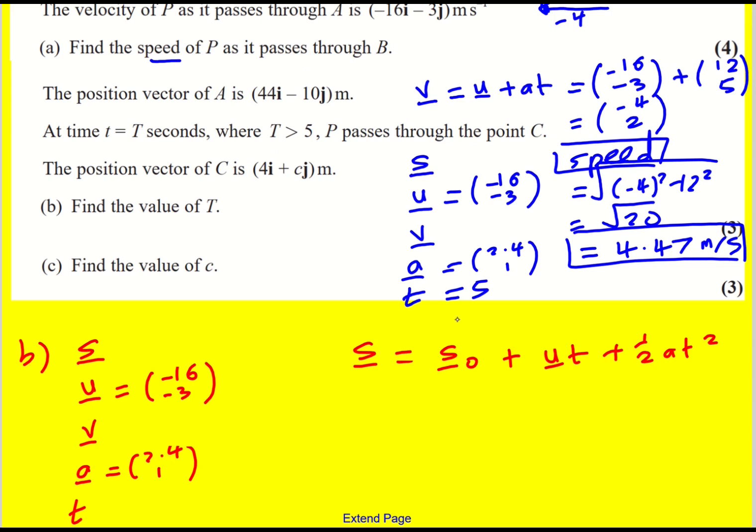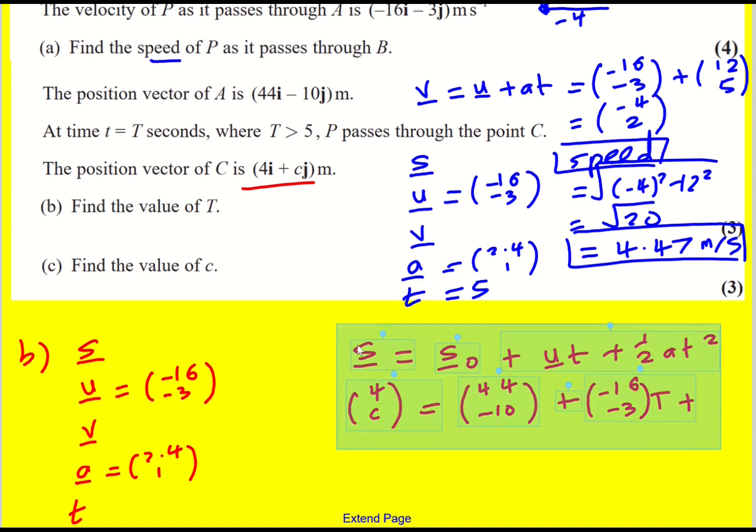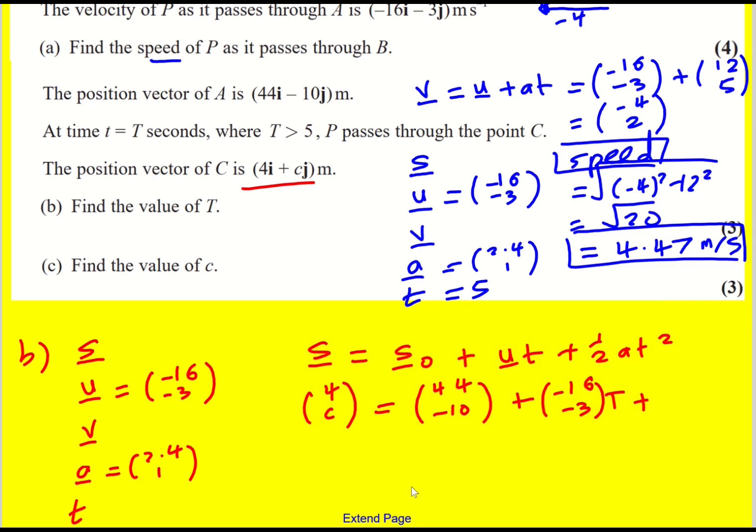It's just easier to go straight to this formula. Then we've got 4i plus cj, because that is our final position vector at C. And that is going to equal 44i minus 10j plus t times minus 16i minus 3j plus a half a, which is going to be 1.2i and 0.5j, times t squared.